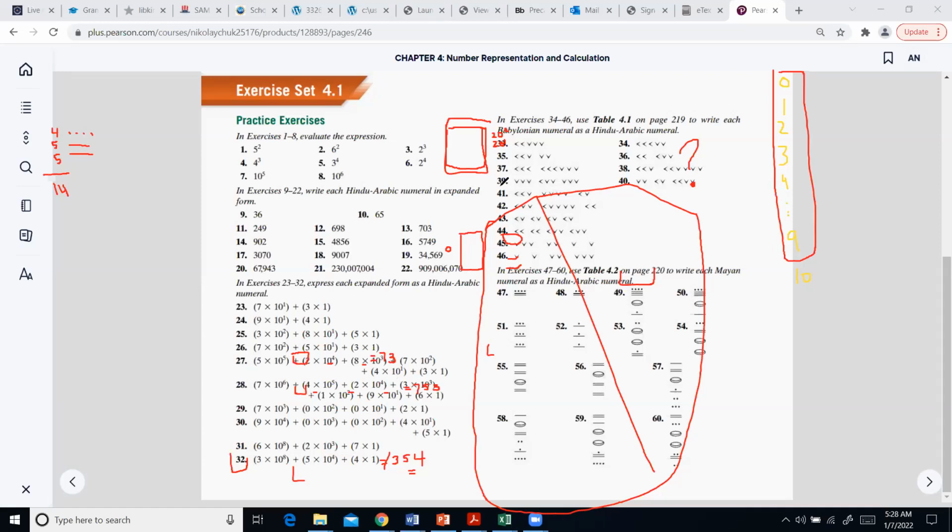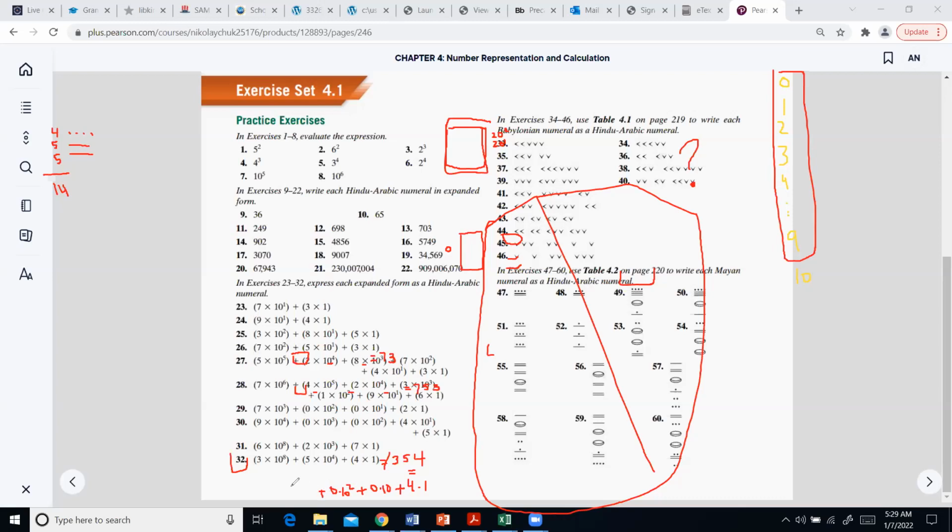So for the actual problem 32, if I want to be a little bit more careful, I should write this number the following way. I have 4 times 1. Then I don't have any other digits with powers of 10. So I have 0 tens here, 0 hundreds, or 10 squared.